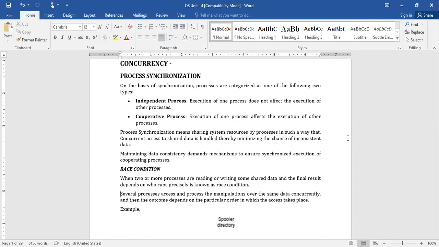What is the advantage of having a database? Anybody? Can anyone unmute yourself and say what the advantage of having or creating a database is?